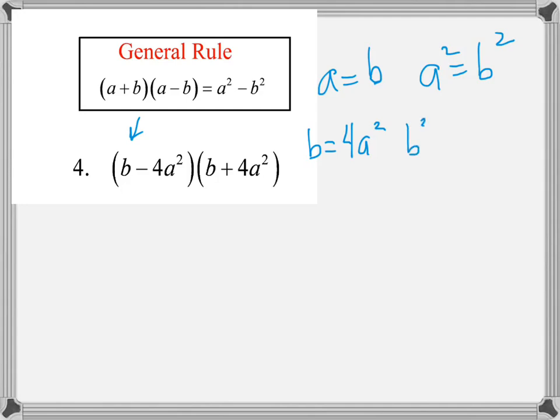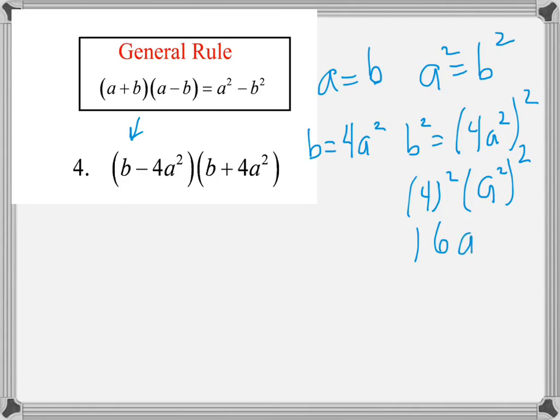So B squared is going to be 4A squared squared. Well, that's 4 squared times A squared quantity squared. That's 16A to the fourth. So here, the answer to this is going to be B squared minus 16A to the fourth.